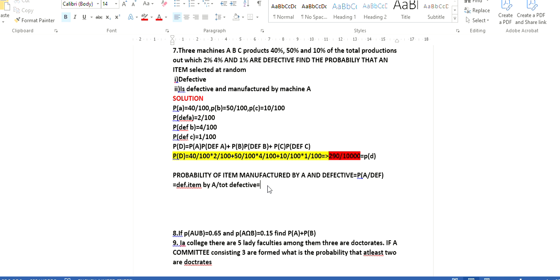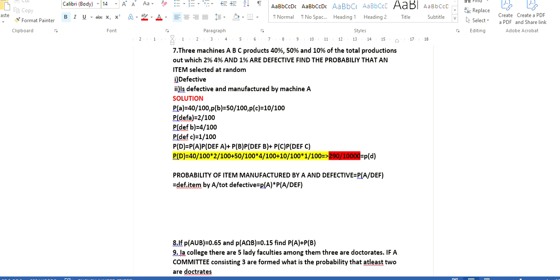So what is the defective item of A? That can be written as probability of A into probability of defective of A. Probability of A is 40 divided by 100, into defective of A, which is 2 by 100.